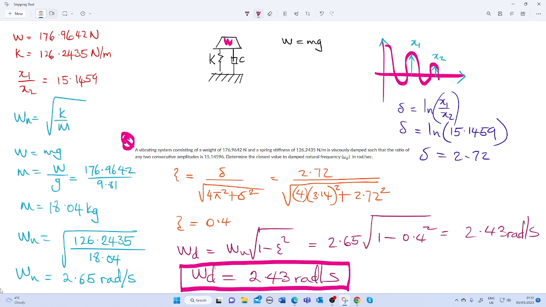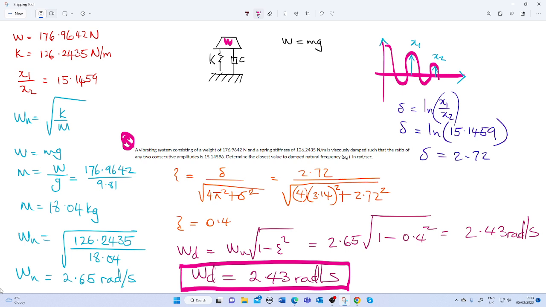It is viscously damped such that the ratio of two consecutive amplitudes is 15.14569. Calculate the closest value of the damped natural frequency ωd in radian per second.